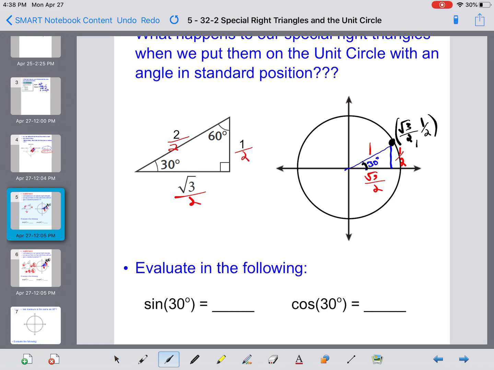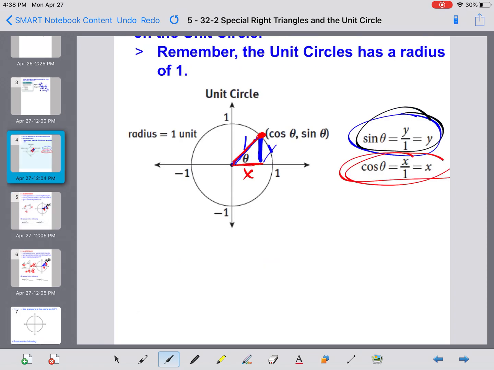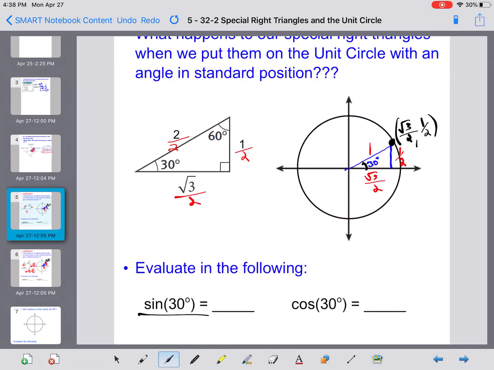So now that I have this black xy point, root 3 over 2, comma 1/2, think about the sine of 30 degrees, right? Because we're on the unit circle, the sine just becomes the y value. So the sine of 30 degrees, looking at this point up here, is the y value, means the sine of 30 degrees is 1/2. The cosine of 30 degrees, because we want the x value, is root 3 over 2.